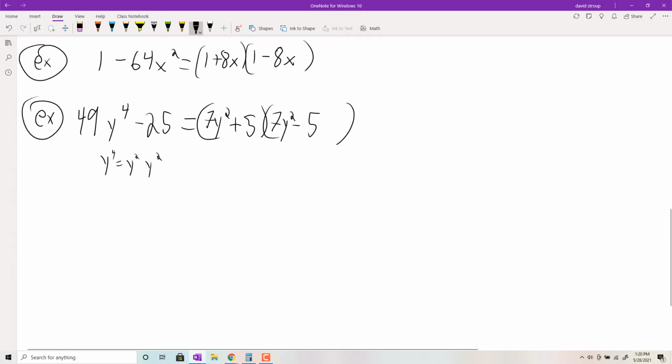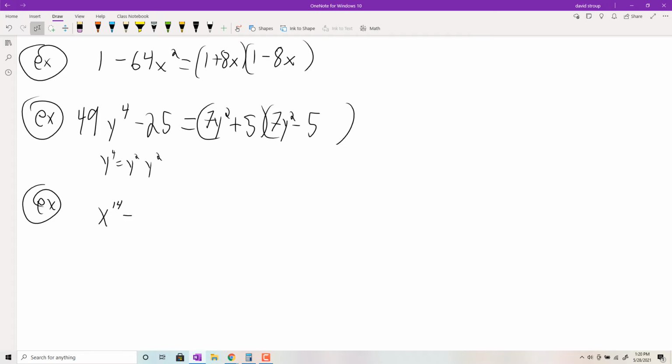Okay. Let's get another one. x to the 14th minus y to the 4th. Okay. So again, you're kind of trying to split this x to the 14th into two of the same thing multiplied by each other, right? And when you're thinking of multiplying variables that have the same base, what you're doing is adding the exponents.